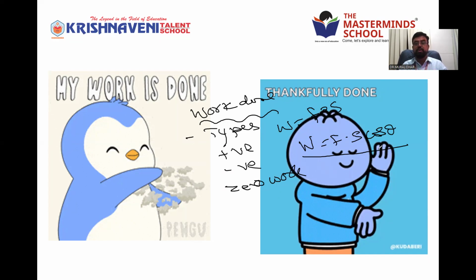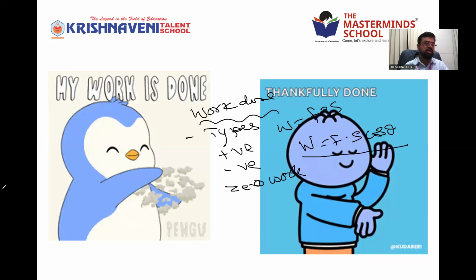There are some cases where the force applied and the direction of displacement are opposite. Such work done is called negative work done. If the body displaces along the direction of force, whether pull or push, then we call it positive work done.